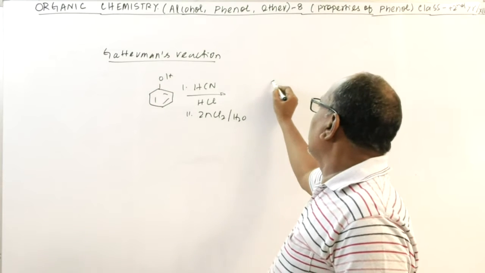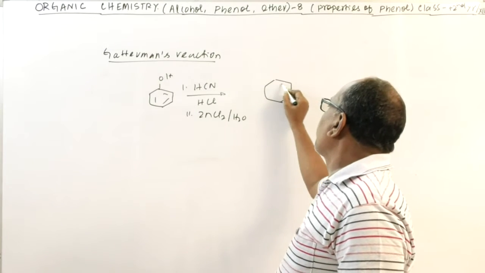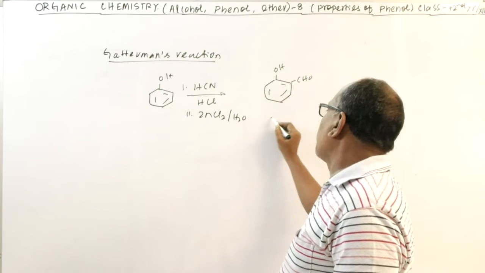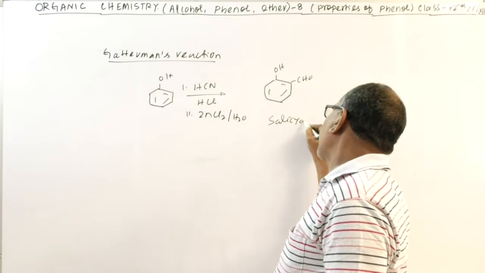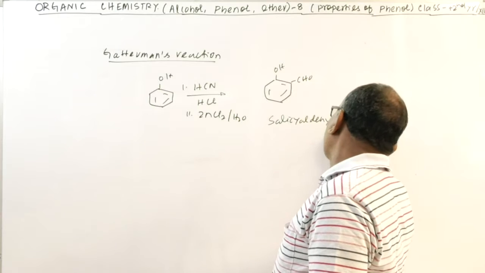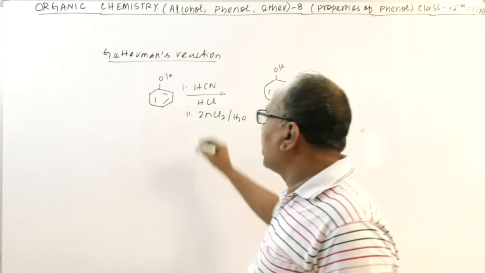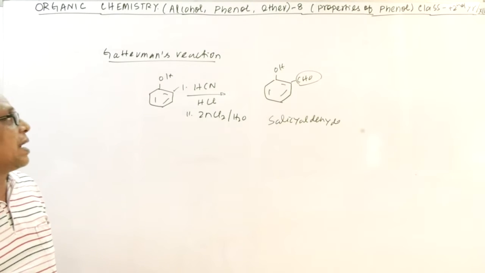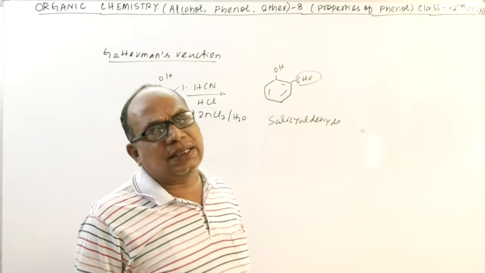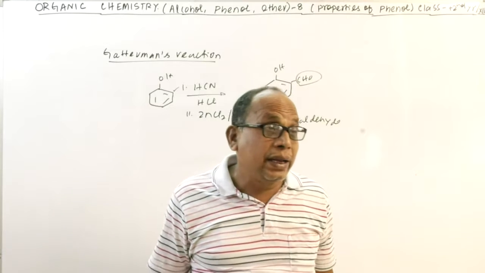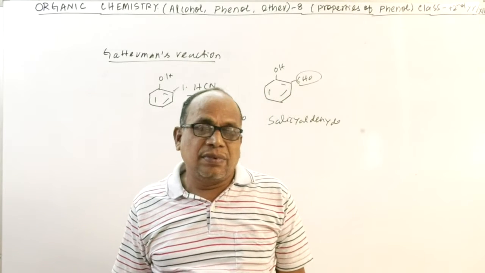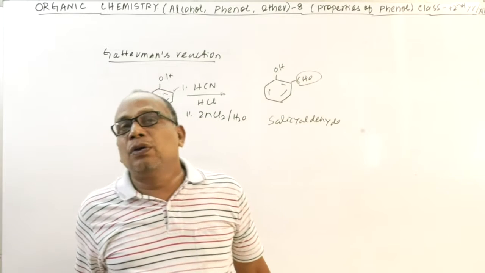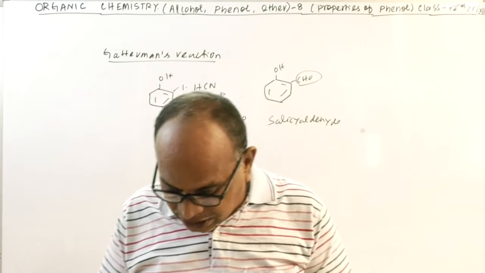It gives salicylaldehyde. The aldehyde group is introduced at the ortho position, and this is known as the Gattermann reaction. This reaction is also shown by benzene, where benzene converts to benzaldehyde. Here phenol converts to salicylaldehyde.